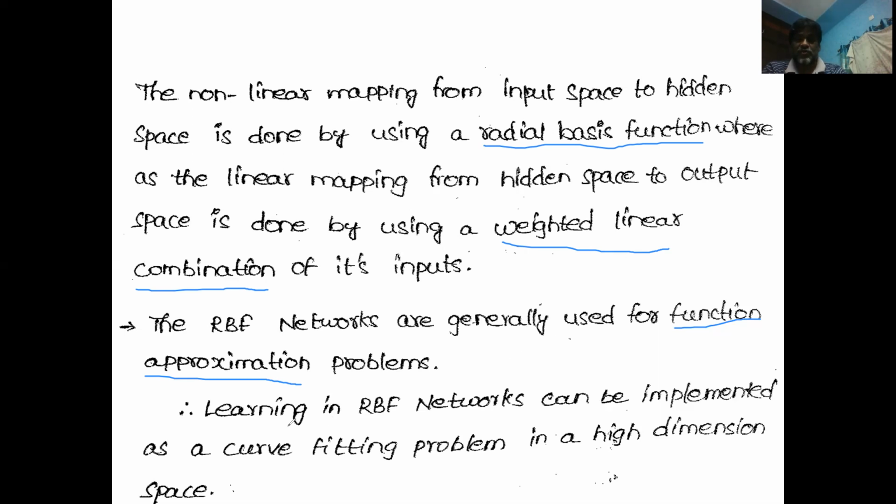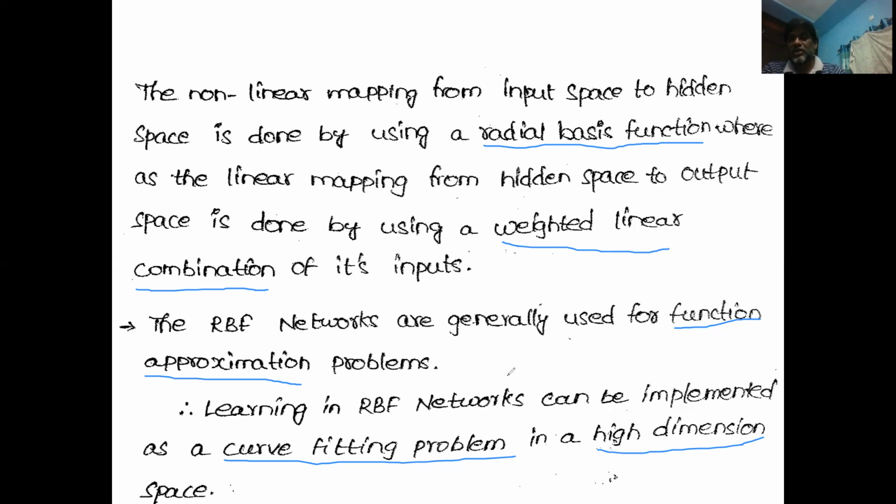Therefore, what we can say is that learning in RBF neural networks can be implemented as a curve fitting problem, not as a line fitting problem. It's a curve fitting problem that is done in high dimensional space. So we will not perform any fitting in low dimensional space directly.